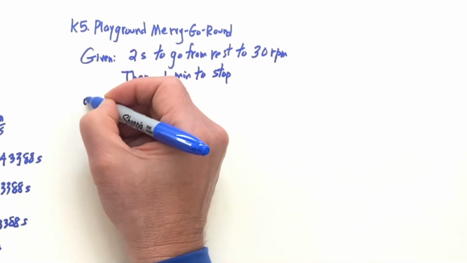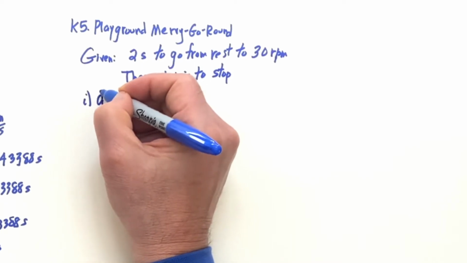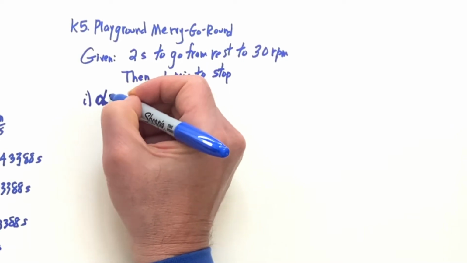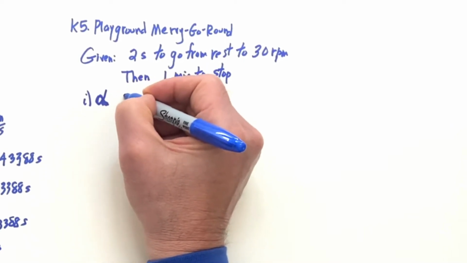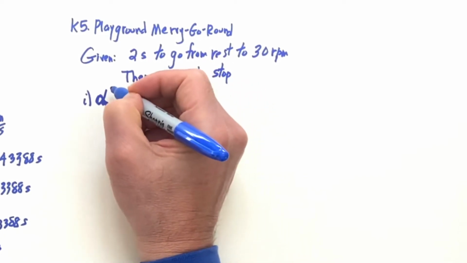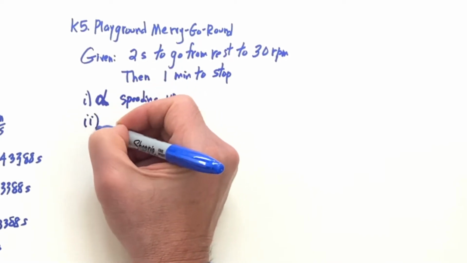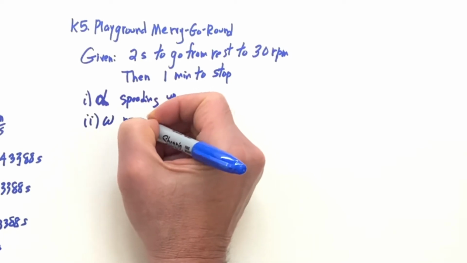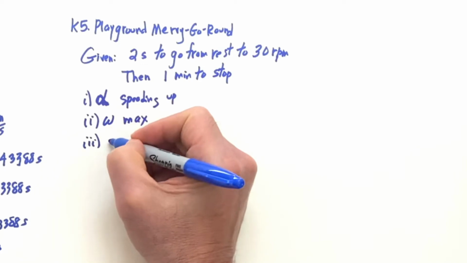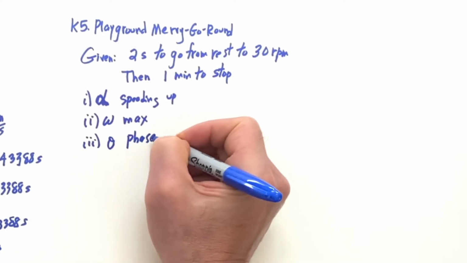So we want to know here the average angular acceleration, the alpha when we're speeding up, average, and then we want to have 2, the maximum angular velocity reached. 3, the angle for this phase of acceleration.